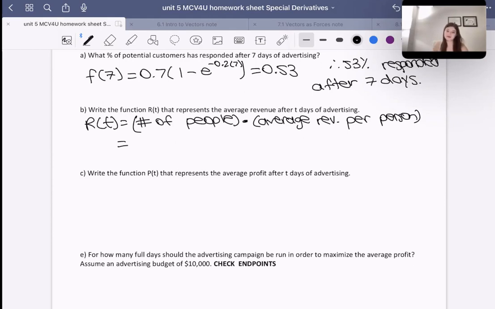Well, the number of people is going to be 10,000, that's our maximum, and then times 0.7 times (1 minus e to the negative 0.2 t), right? Because this tells us the proportion of people. So the proportion of that 10,000 is going to give us the number of people if we multiply it by that 10,000. Good. And then this is all multiplied by 2.5, because on average, we make $2.50 per person here. So there we go. That's the answer.